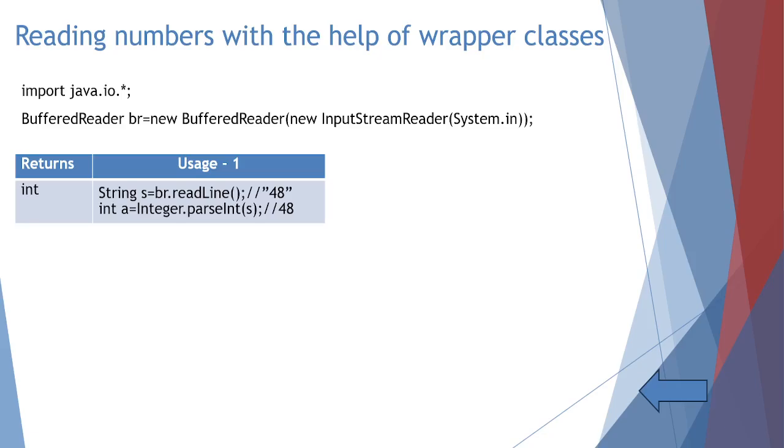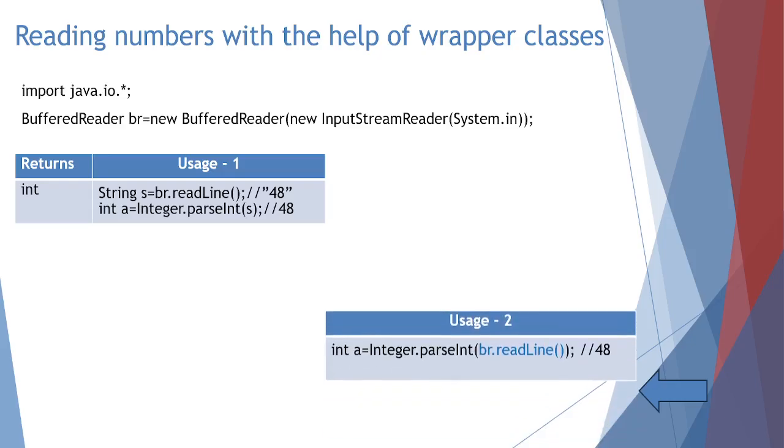Now how to convert it? Integer.parseInt, passing S as an argument. Integer is a wrapper class, and parseInt is a method which will convert whatever is there in the S string into an integer and store 48 in int A.